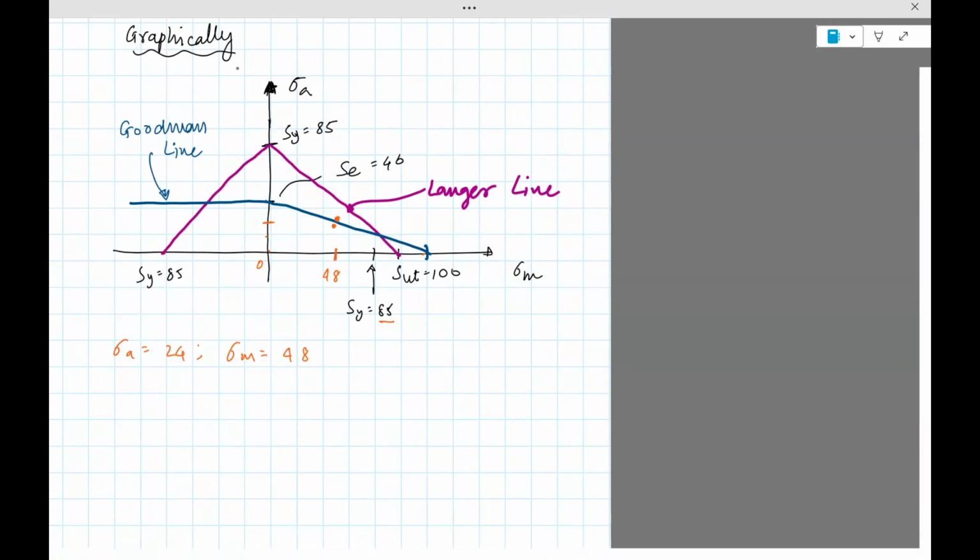Okay, so we know the equation of this Goodman line. It is sigma M divided by SUT plus sigma A divided by SE equals 1.